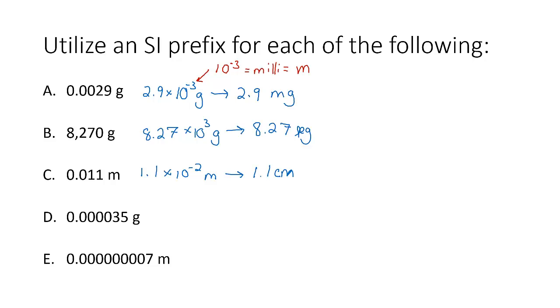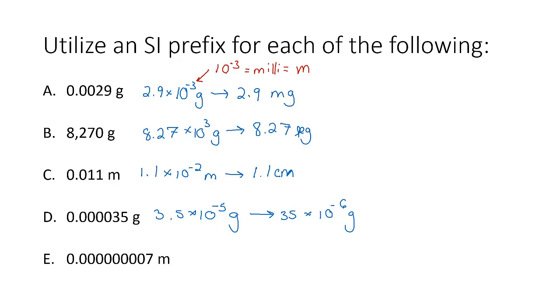For this one, it is 3.5 times 10 to the minus 5 grams. Now notice there was nothing on the chart. So sometimes your book will ask you to do things such as change that negative 5, represent it not in correct scientific notation form, because notice that 35, there are 2 digits, and you're not supposed to have 2 digits on the other side of the decimal. You're only supposed to have 1.